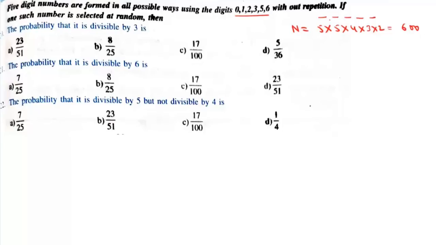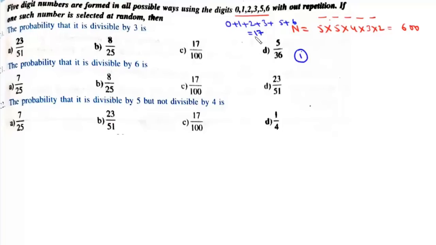Now in the first case it says find the probability that the number is divisible by 3. It will be divisible by 3 if the sum of the digits is divisible by 3. If we look at the sum of all the digits, it is 0 plus 1 plus 2 plus 3 plus 5 plus 6, which is 17.